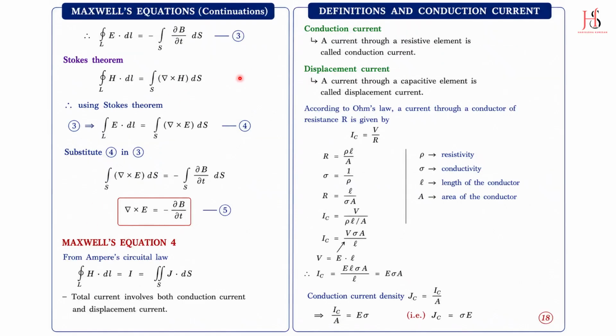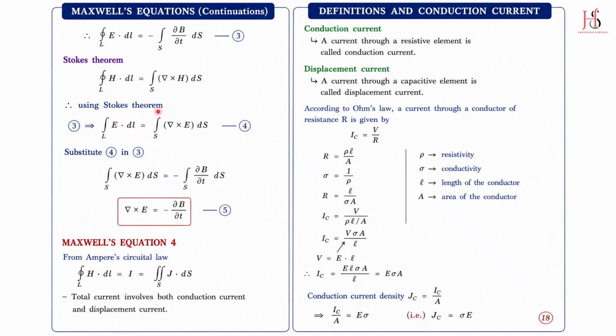Now we'll see the continuation of Maxwell's equation. The line integral of E dot dl is equal to minus the surface integral of dou B by dou t into ds. Stokes theorem is nothing but converting the line integral to a surface integral. The formula is the line integral of H dot dl is equal to the surface integral of del cross H ds.